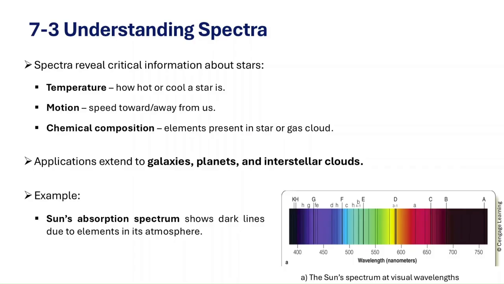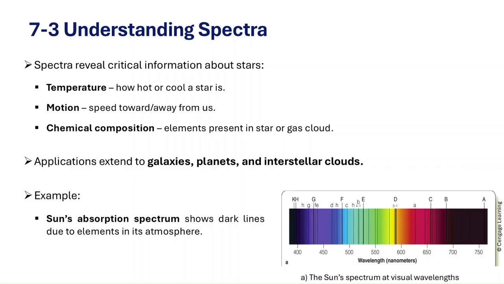And each line corresponds to an element. For example, sodium produces two strong lines in the yellow part. So by studying these lines, we know the sun contains hydrogen, helium, sodium and many more elements. Over 90 have been identified.